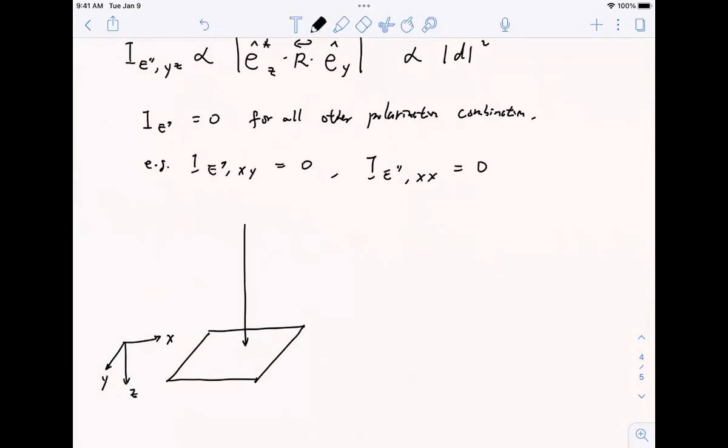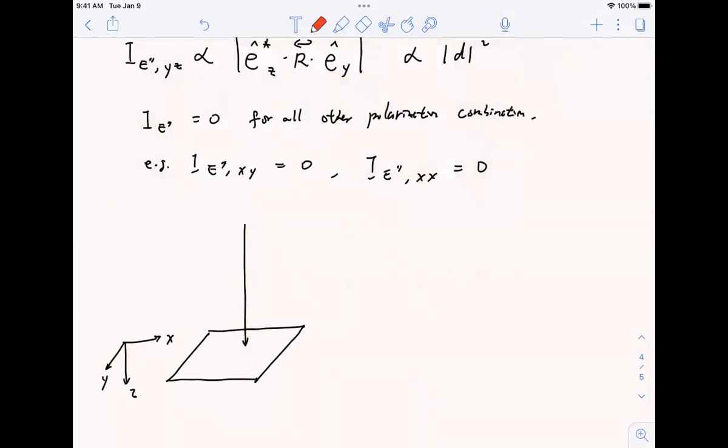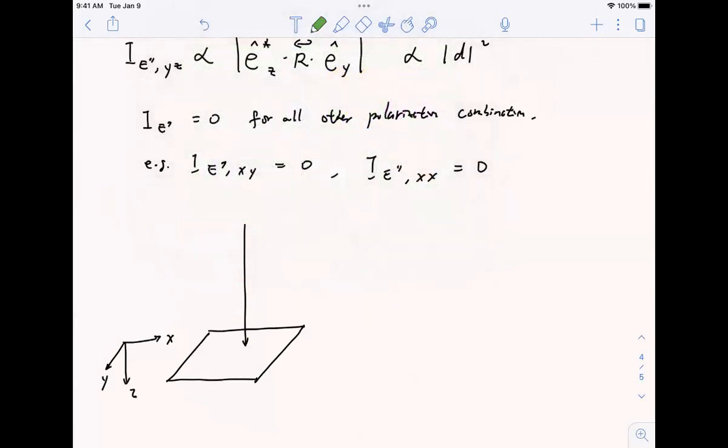Then the light will be something like this. My drawing is not very good, but you get the idea. EX. Then the Raman will go like the other way. Let me use a green color then.